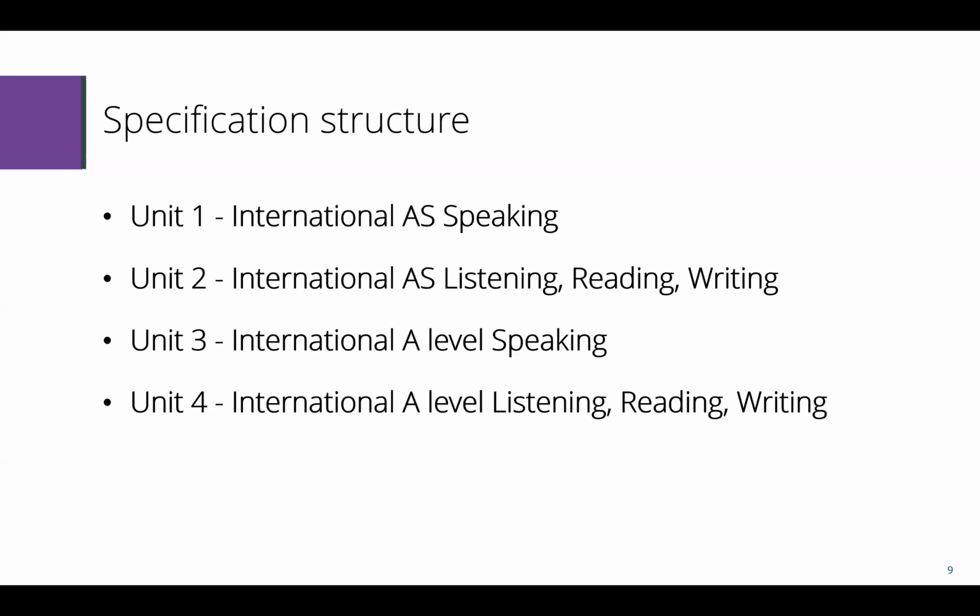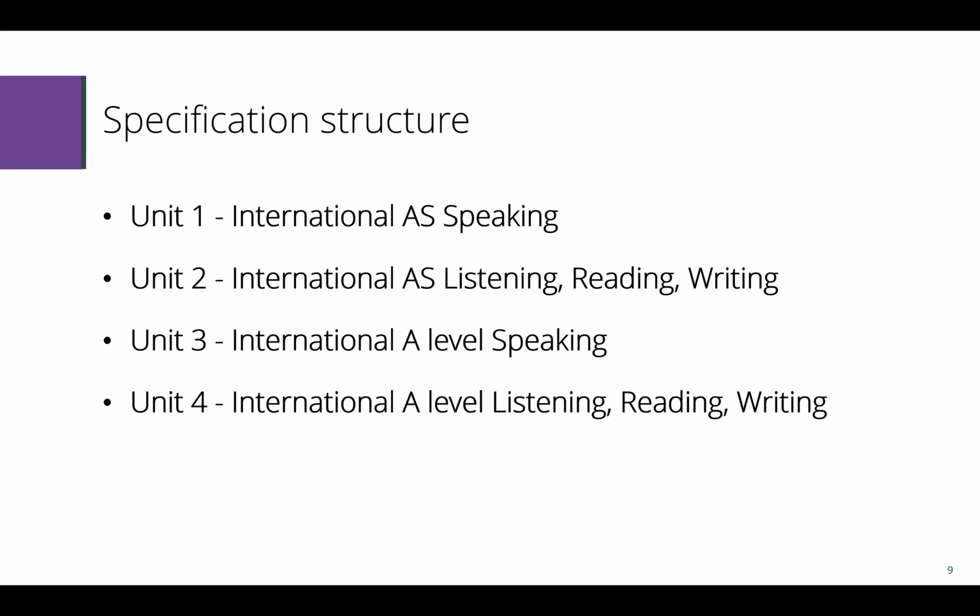So look at those as being the international A2 part of it. They're in parallel, the same thing. You can see that Unit 1 is speaking, Unit 3 is speaking, and the AS listening, reading, writing is again mirrored in Unit 4.